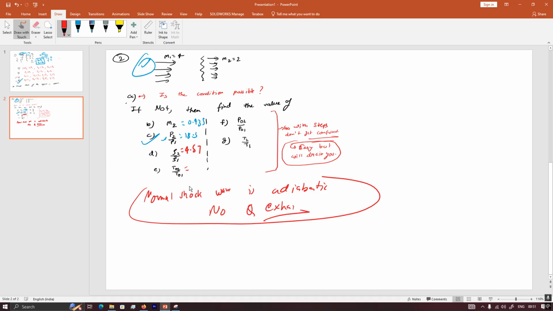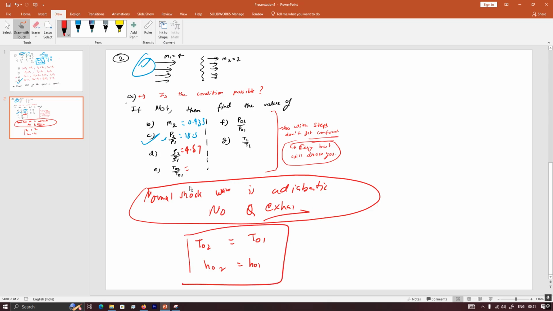Since there is no heat exchange, T naught 2 will be equal to T naught 1, and it comes from H naught 2 being equal to H naught 1. So your energy is not changing, and we can relate that energy with T naught. Your total temperature will remain constant, and that is the property of our normal shock wave.